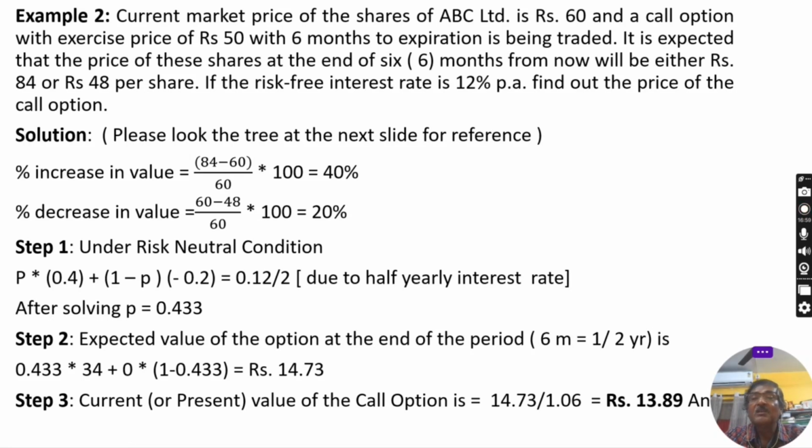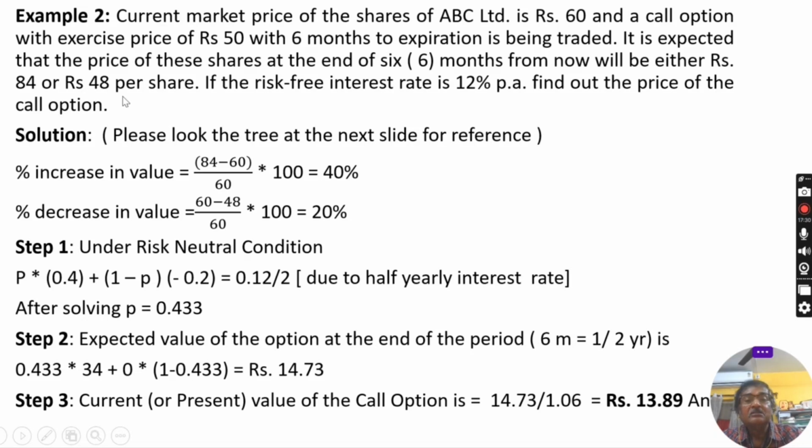Call option. So what is the current price? Current price is rupees 60, and exercise price is rupees 50, and the duration is 6 months, not 1 year in this case. It is expected that the price of these shares at the end of 6 months from now will be either rupees 84 or rupees 48 per share.